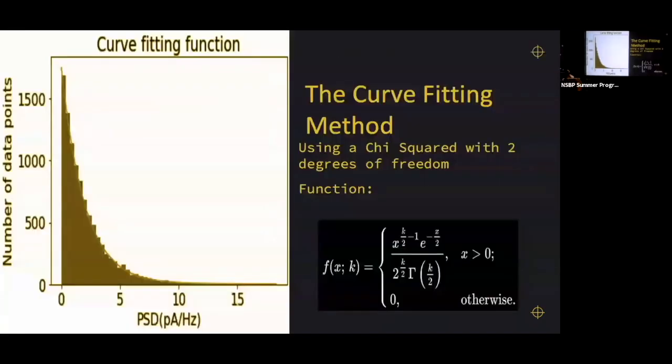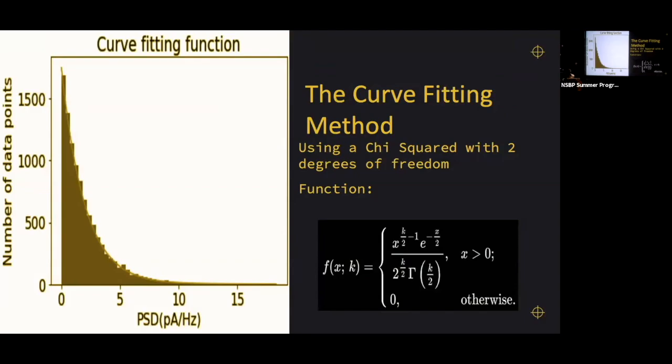At the very beginning, I was assigned to create a curve fitting algorithm that we would then continue to use to figure out the noise within the data that we have. The histogram here is a plot of the power density spectra.